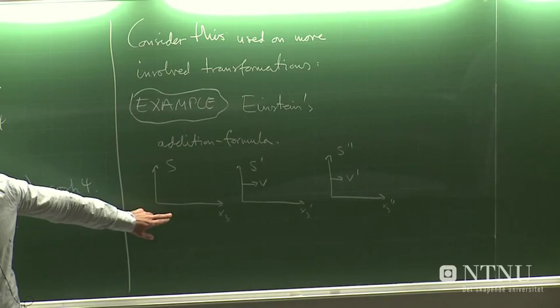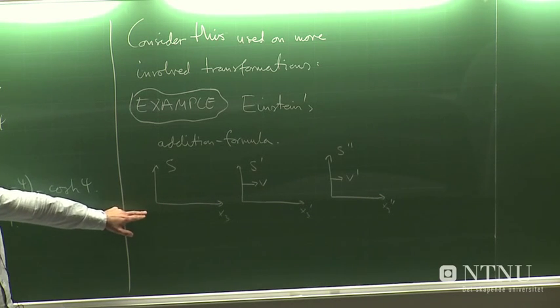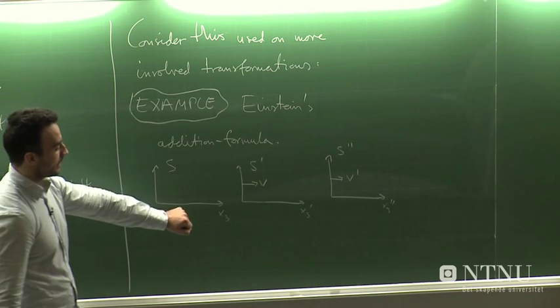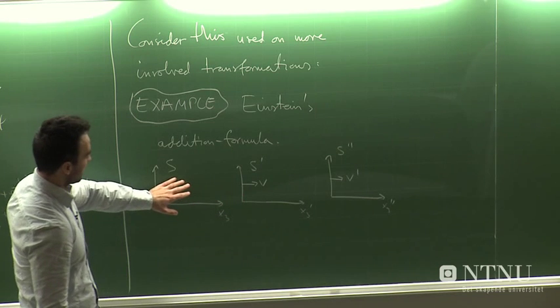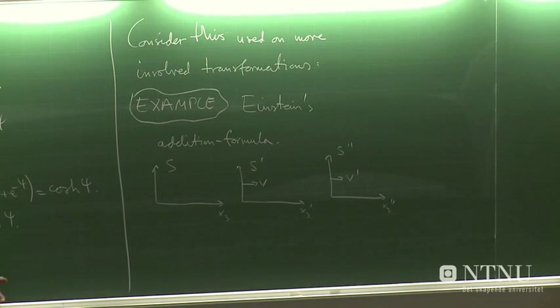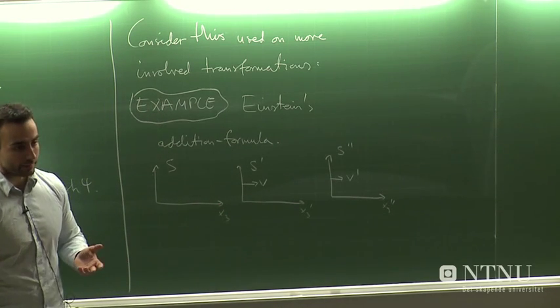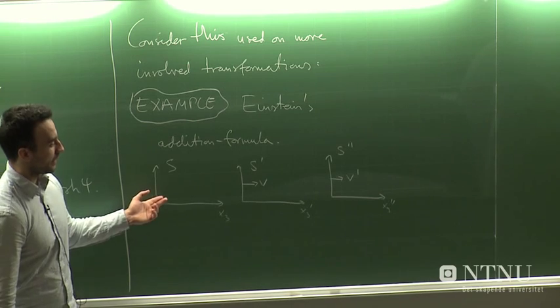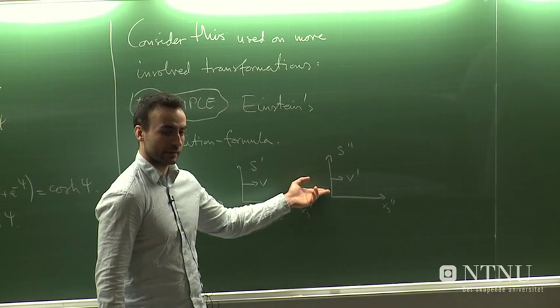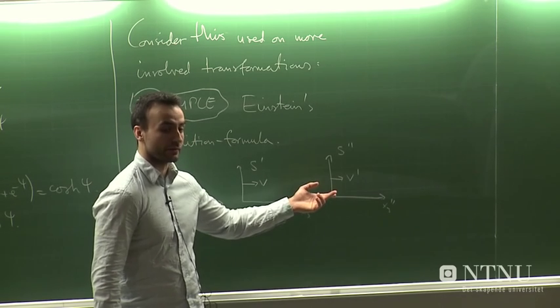We are here in S, the stationary system, if you will, and we have two other inertial systems moving with respect to S. We have S prime moving with a velocity v compared to S. And then we have S double primed, which has an additional velocity v prime.